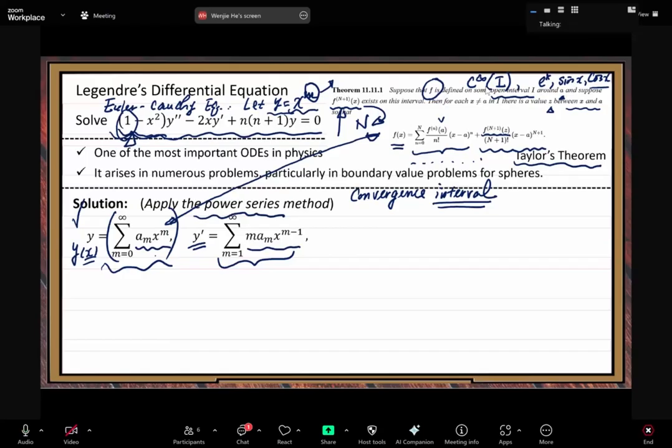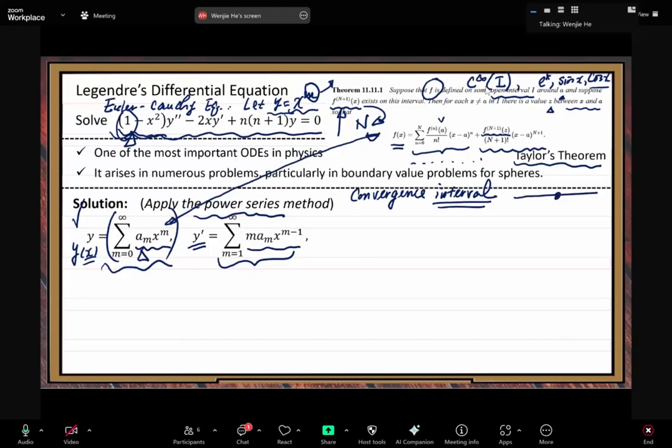How to find the convergence interval? We have a formula, and later you will see. The convergence interval is determined by all these a coefficients. Take the limit. That limit will give you the radius, because for the convergence interval you consider there is a center.